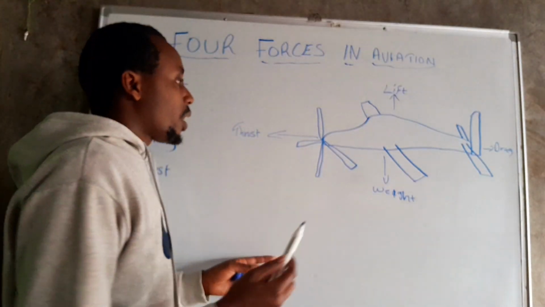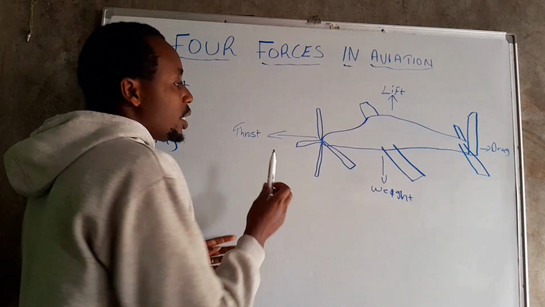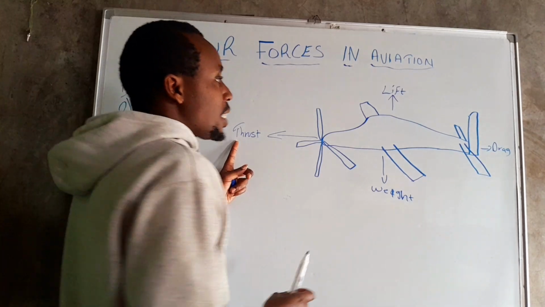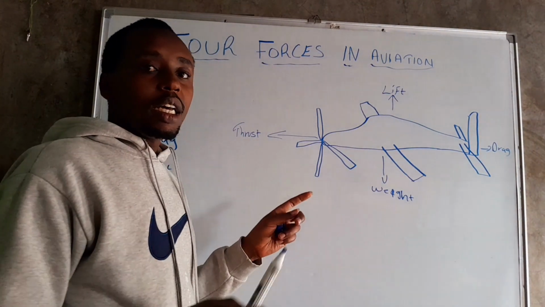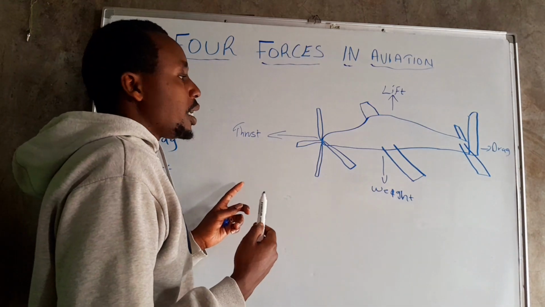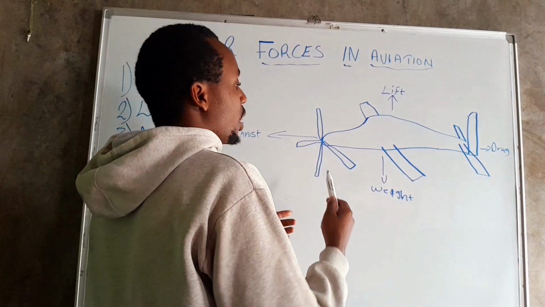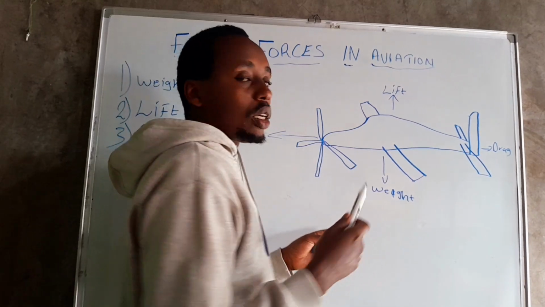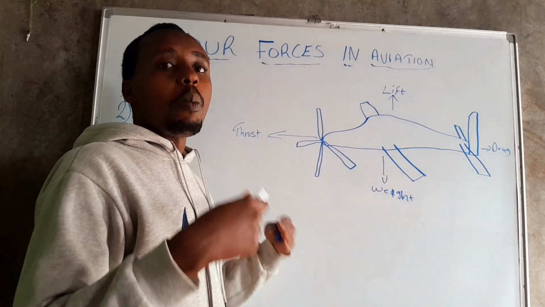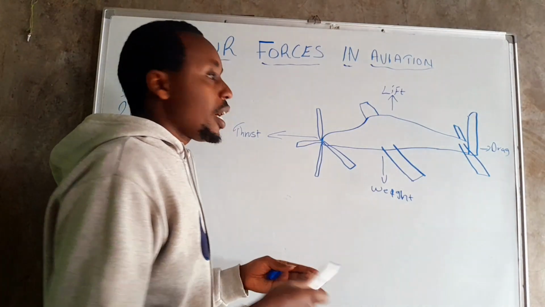So for example, when an aircraft is taking off, we need more thrust that will compensate for the drag that you have. The drag may be the result of the weight that we have, and also the air. We need to make this aircraft lighter than the air that we have.